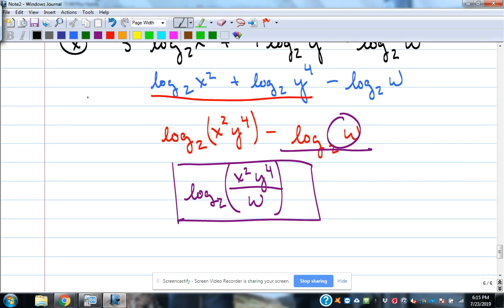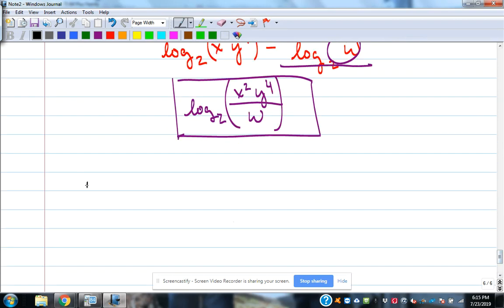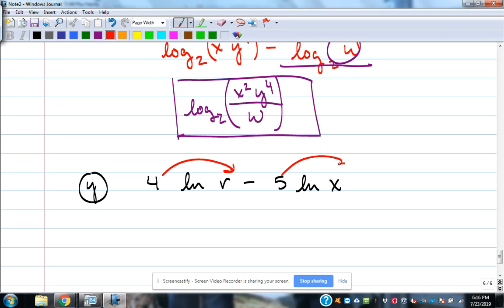All right, let's look at example y. 4 natural log of r minus 5 natural log of x. So we see numbers in front. We know those are going to go up automatically.